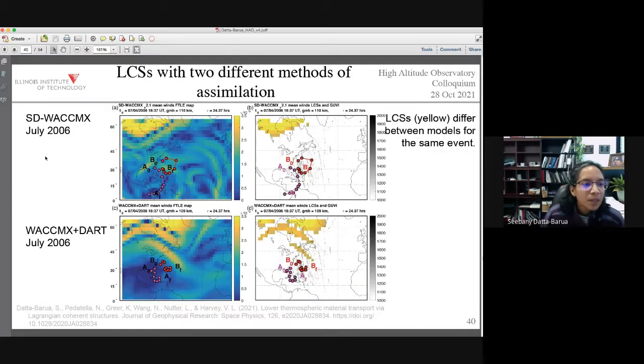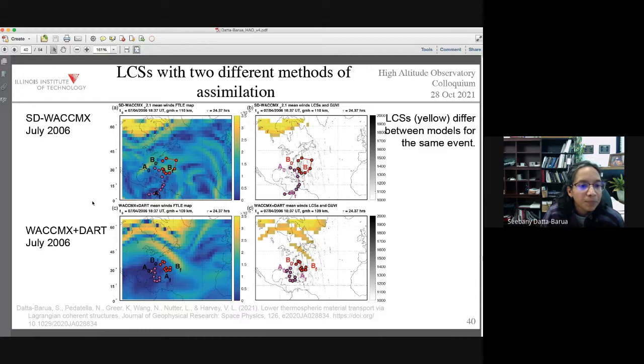So in this example, we tried both SD-WACM-X for a July 2006 shuttle launch and WACM-X DART. WACM-X DART has a different data assimilation scheme that does ingest measurements at higher altitudes. I think in SD-WACM-X, the data are assimilated up to about 50 kilometers, and then it becomes free running above.